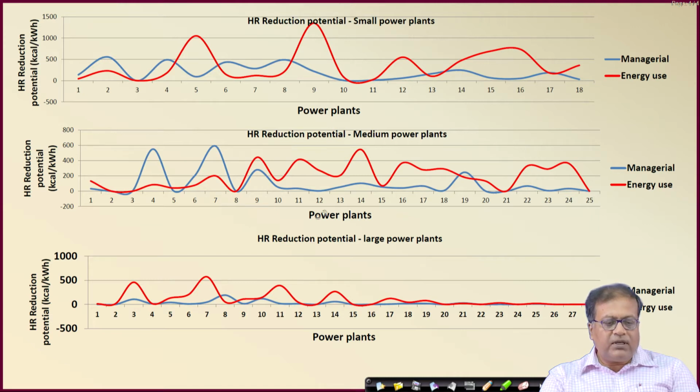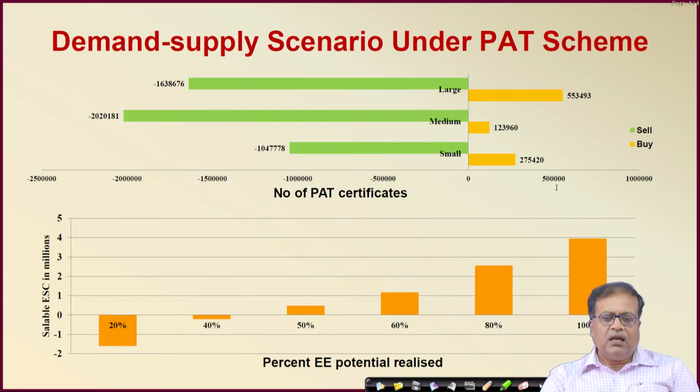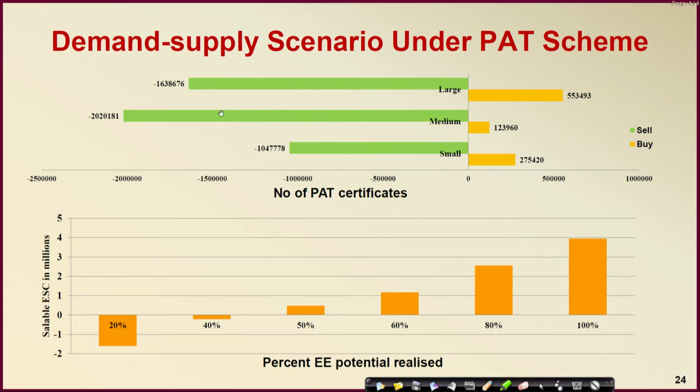So, for 14, who are the targets? Targets are number 8, number 3, number 21 or even number 25. They are the targets, because they are using the energy in the best possible way, right. So, like this, such analysis is carried out, and here are some interesting results, the demand supply scenario under the PAT scheme.